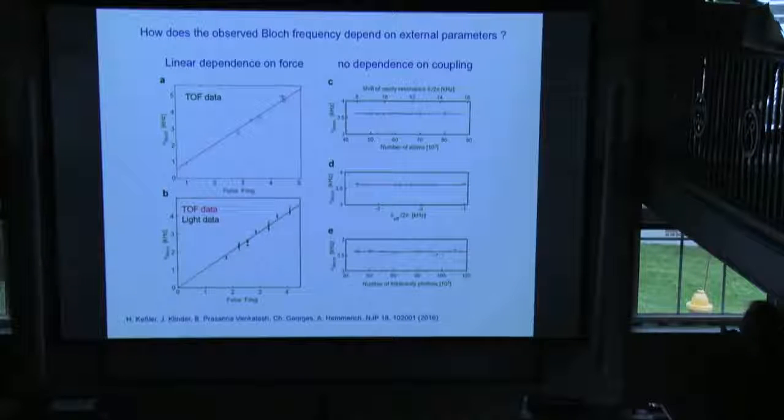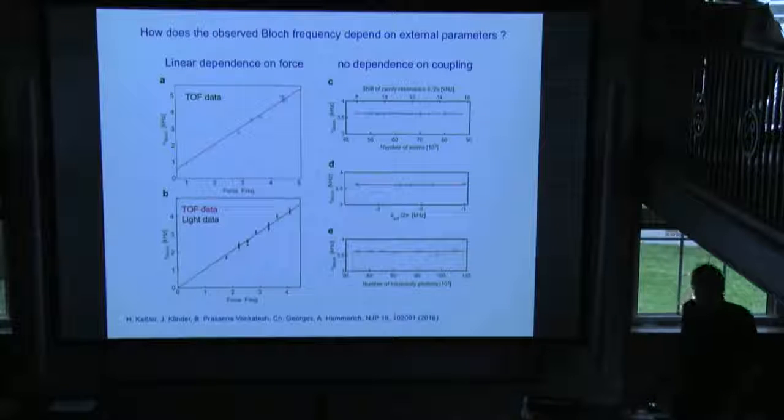These are just different measurements showing you that the Bloch frequency, which is plotted here on the y-axis, does not depend on all these typical parameters that you like to play with in your cavity, like the number of atoms, which corresponds to the cavity resonance shift or the strength of the coupling, or the effective detuning of your light beam that you couple to the cavity, or the number of intracavity photons. Question of how deep you make your lattice to do that. So everything looks like that's a method that not us, but other people doing metrology might want to use.